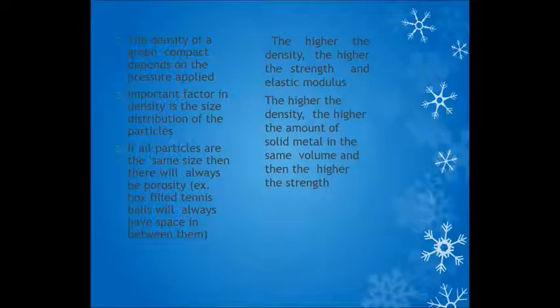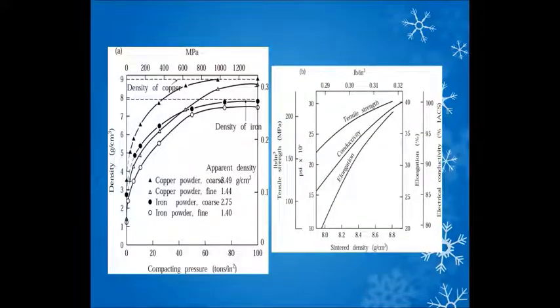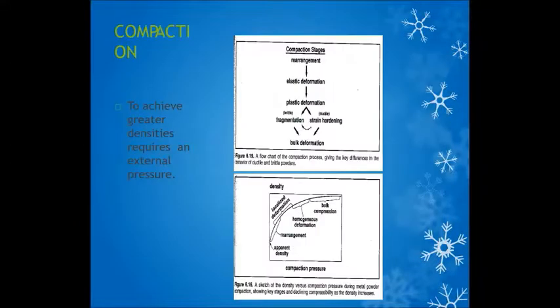The density of the green compact depends upon the pressure applied. An important factor in the density is the size distribution of the particles. The graph represents the various operating conditions, compacting pressure and density of the powder utilized for the manufacturing process. Compacting to achieve greater density requires external pressure.